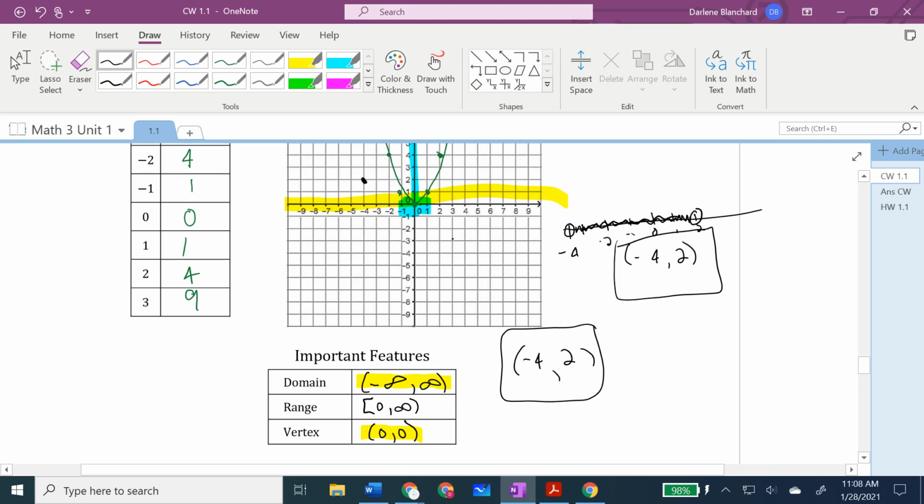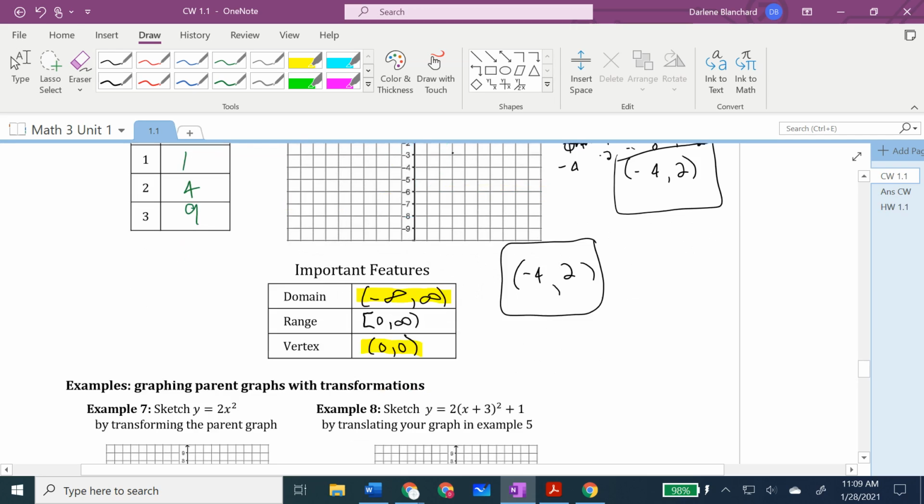So it's all about context when it comes to that notation.